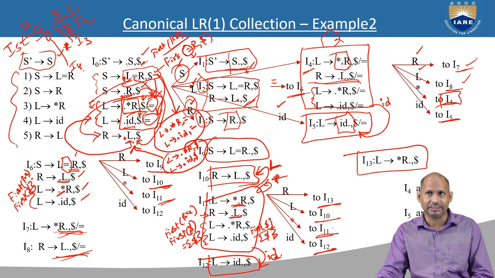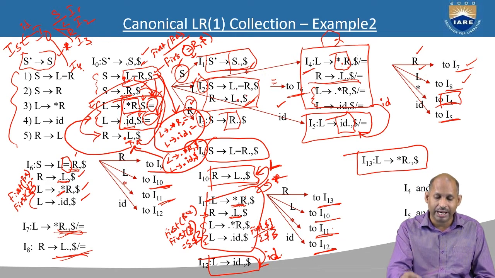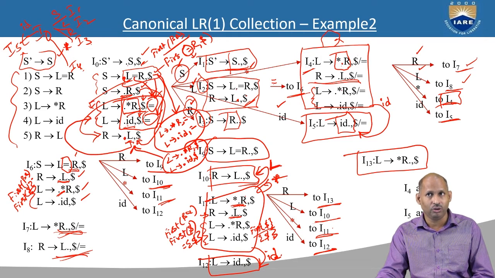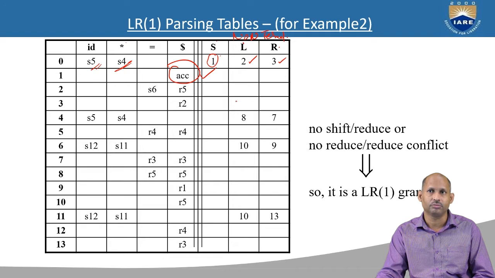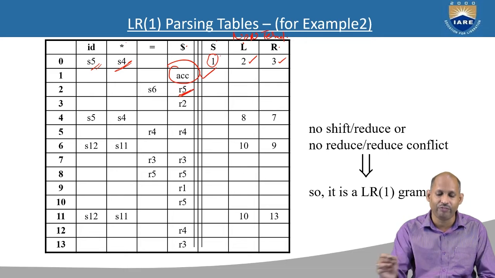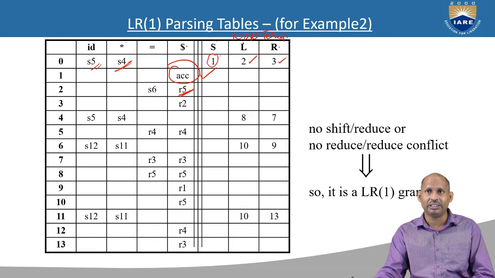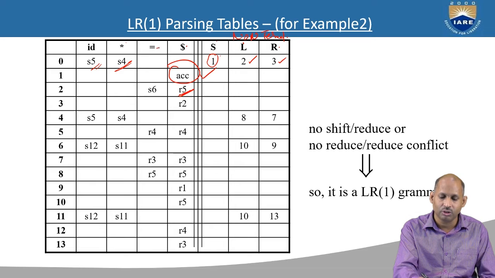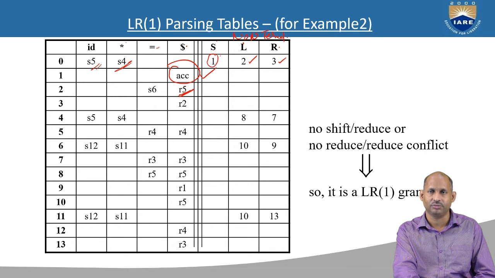And dot and it is followed by dollar. So reduce the production number 5. Right? And on assignment it is S6.